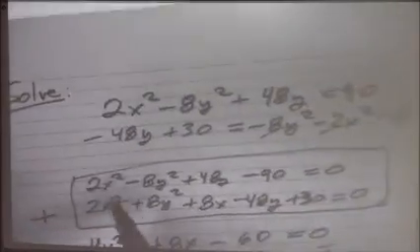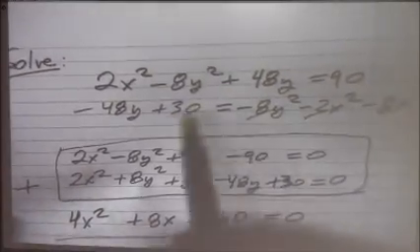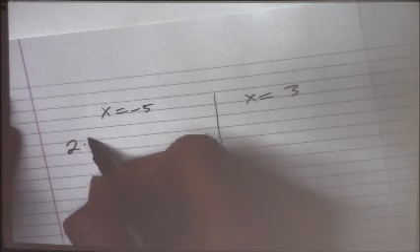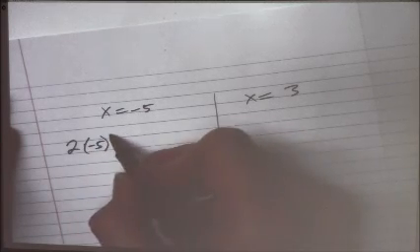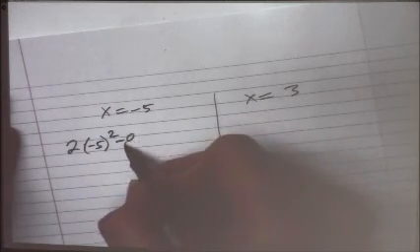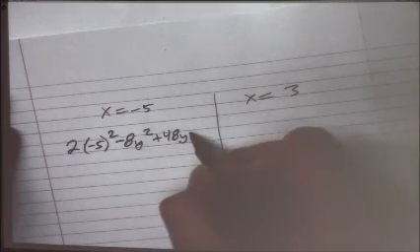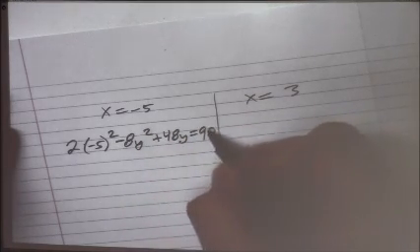So I'm going to choose one of the two equations. Okay. So for these, I'm going to look back here and choose one of these two equations. This one's definitely the easier equation, a lot less in it. So I'm going to do 2 times negative 5 for the x, 2x squared minus 8y squared plus 48y is equal to 90.